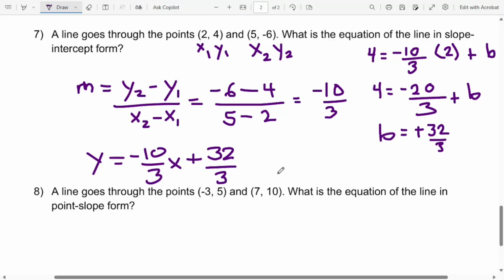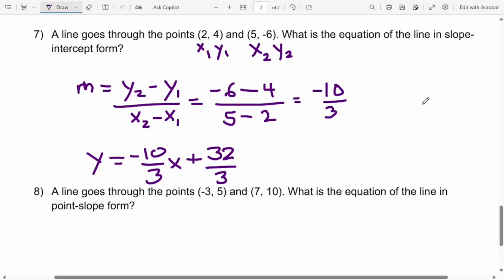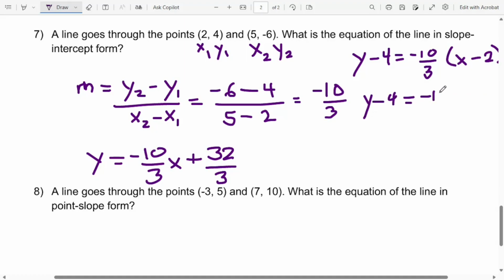Okay. Another way we could do this is put this in point slope form. So we could say y minus 4, take the first point, y minus y sub 1 equals negative 10 thirds times x minus 2. And we get y minus 4, if we distribute, equals negative 10 thirds x.